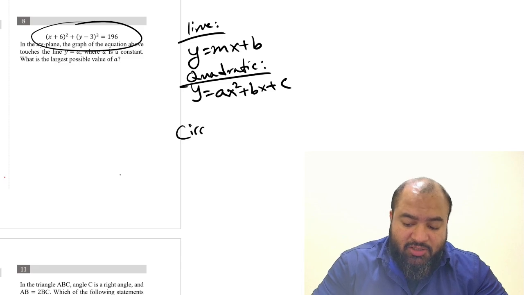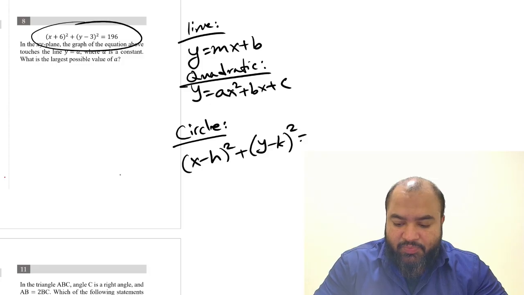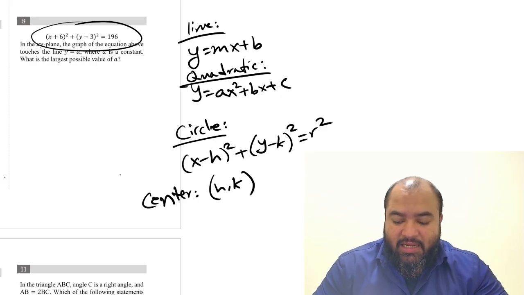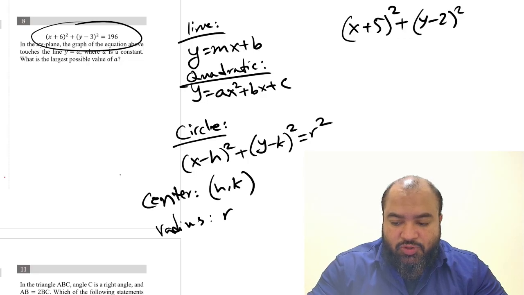Now the equation of a circle actually looks like this: x minus h squared plus y minus k squared equals the radius squared, where the center is considered the h and k, and r stands for radius. Let's learn one of them. For example, I'll give you my own example. So x plus 5 squared plus y minus 2 squared equals, let's say, 9.